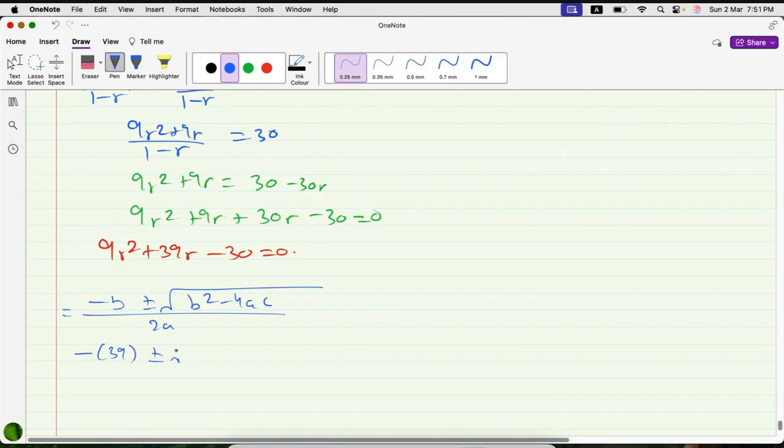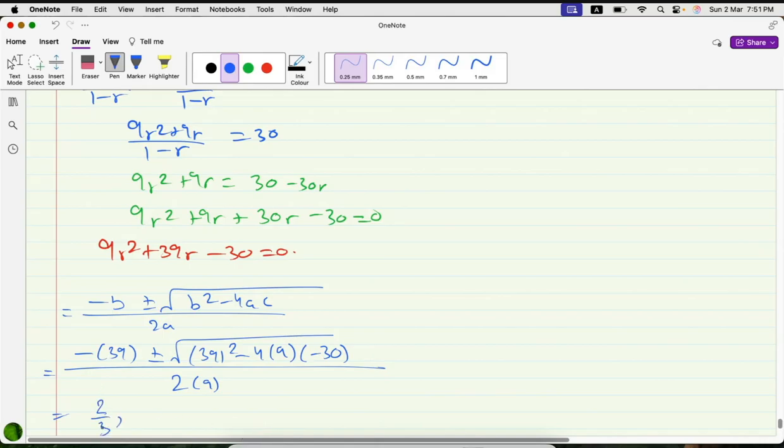That gives R as 2 by 3, and with the negative sign it is minus 5, and we'll reject that because it was given that all terms are positive.